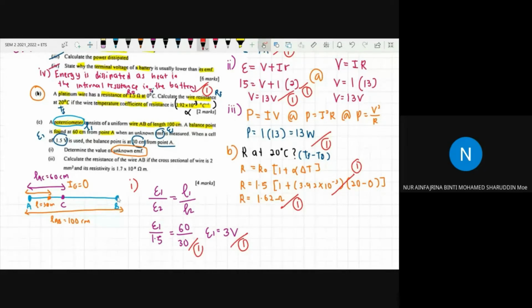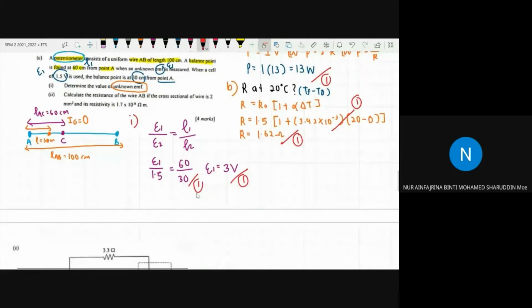Okay, now let's proceed to C2. Dia kata calculate the resistance of the wire AB. Untuk potentiometer dia tak ada external resistance, tetapi dia akan ada resistance di dalam wire itu. Dia minta kita cari resistance of wire AB.